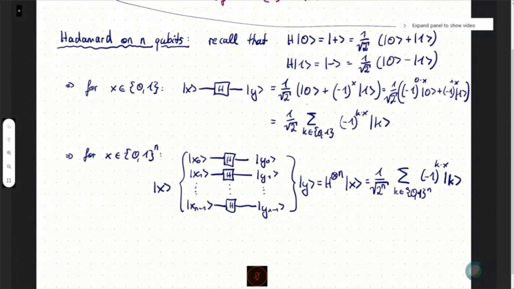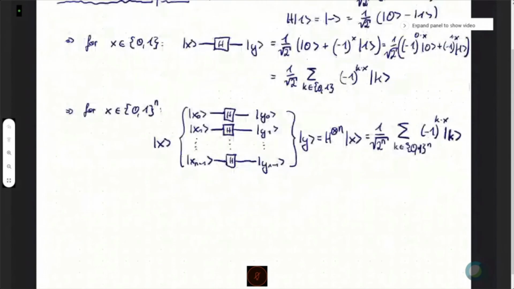And here k times x, that's what I have in the power, is the inner product of k and x. So if I have 0, 0 and 1, 0, it would be just 0 in the end. But I will show you actually in an example.